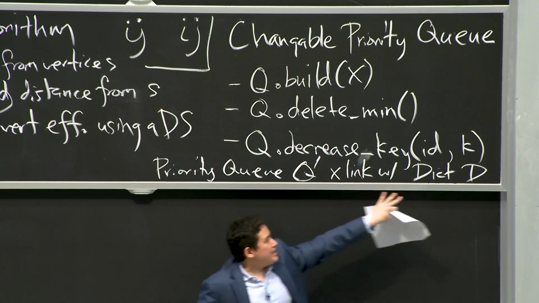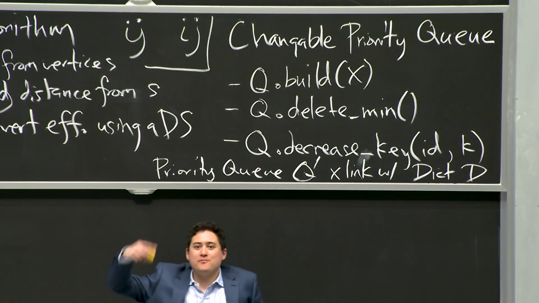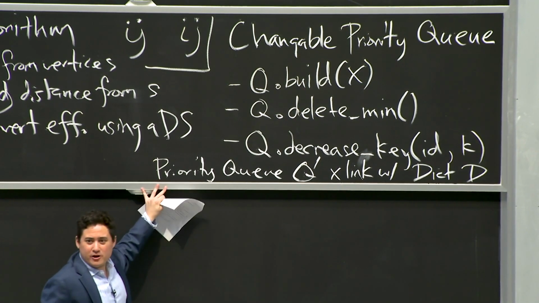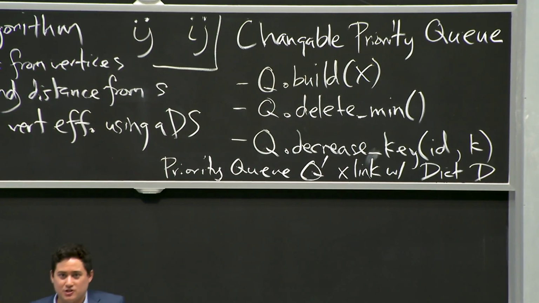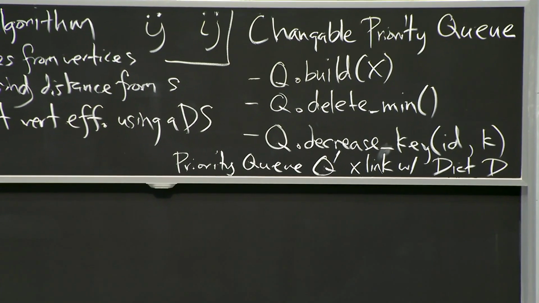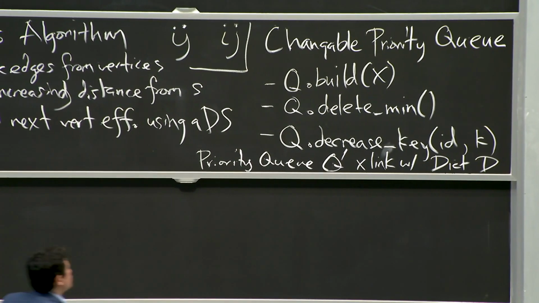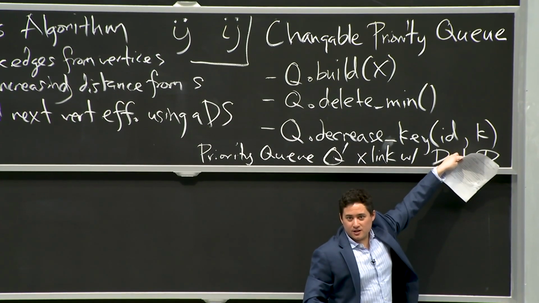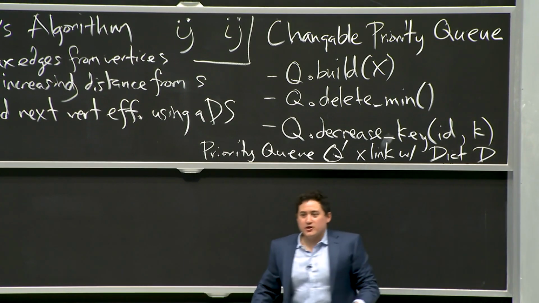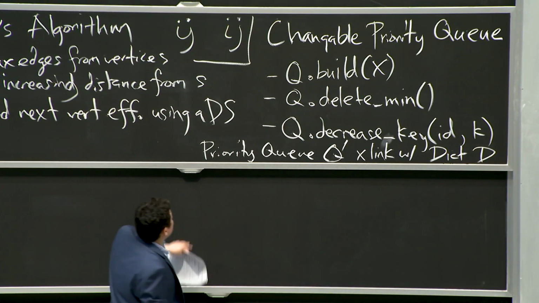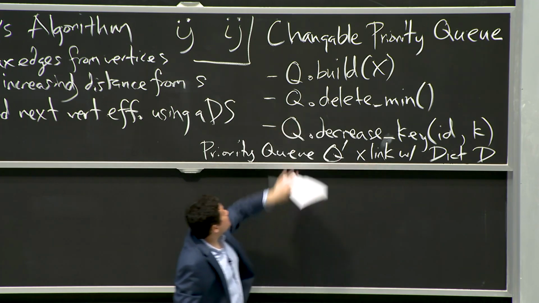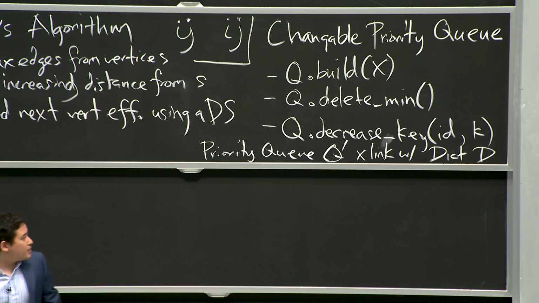But I'm going to cross-link it with a dictionary that maps IDs to their location in the priority queue. We've done this many times in the data structures section. We're trying to cross-link two data structures to make a query on a different type of key to find its place in another data structure, okay? So if we had a priority queue and a dictionary, we could do this stuff pretty fast, okay?